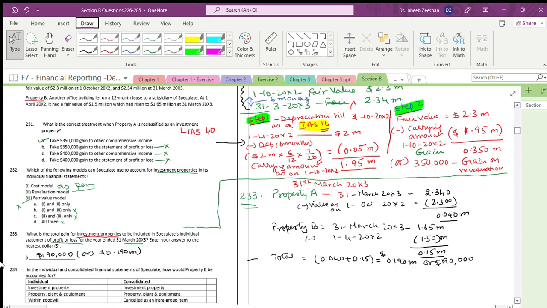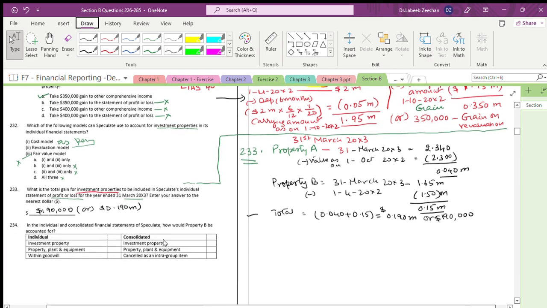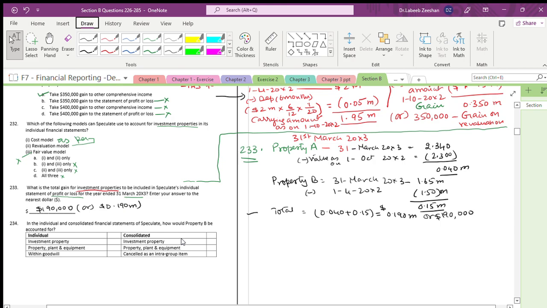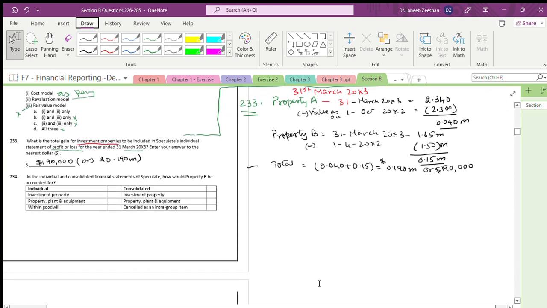Fine. Now, what do they say in the individual and consolidated financial statements about how the property will be accounted for?